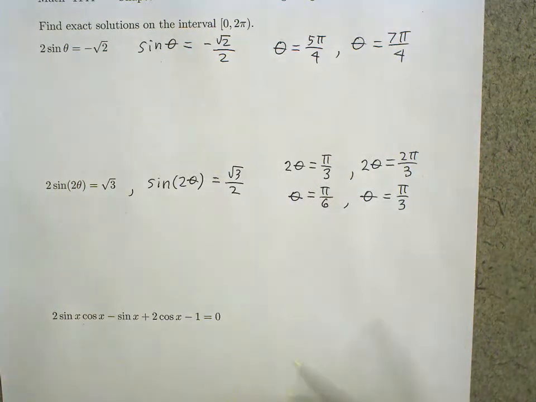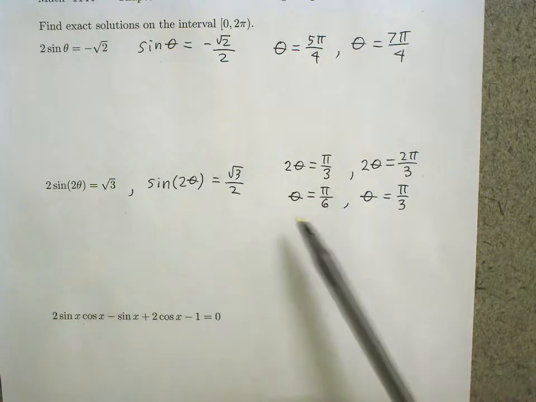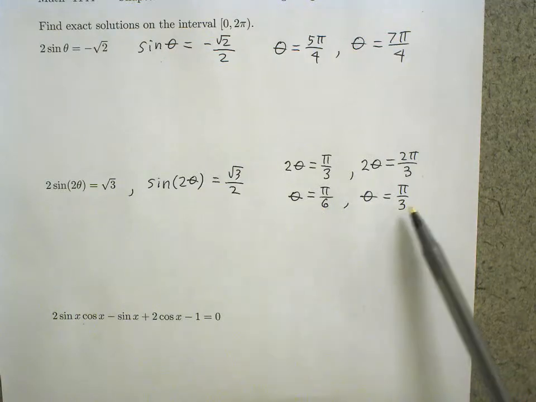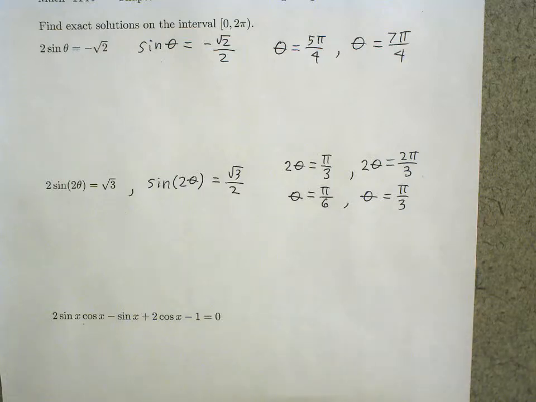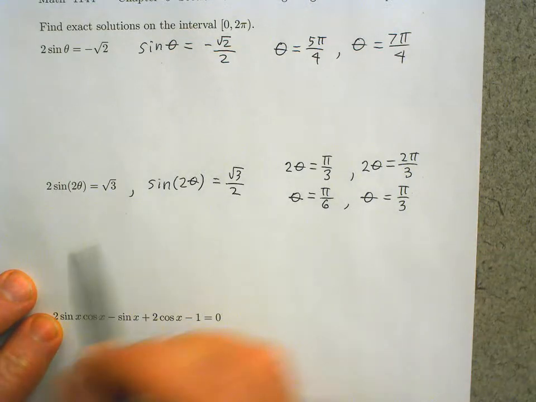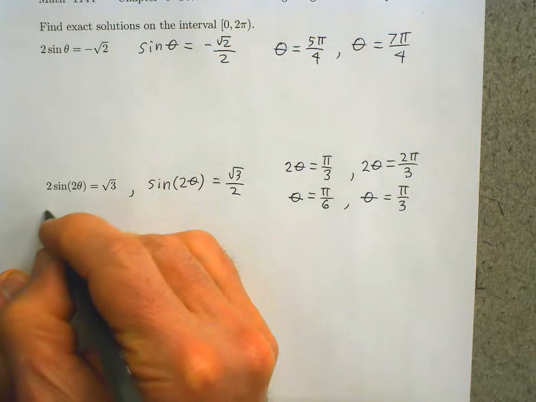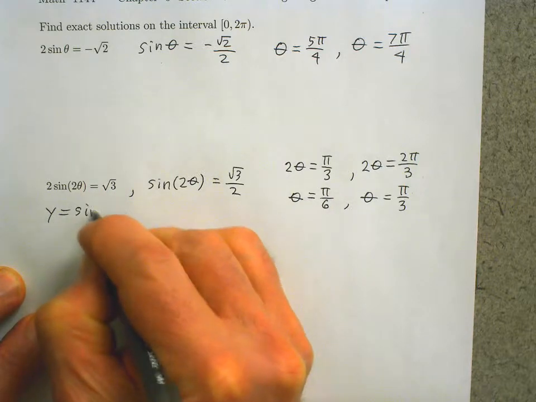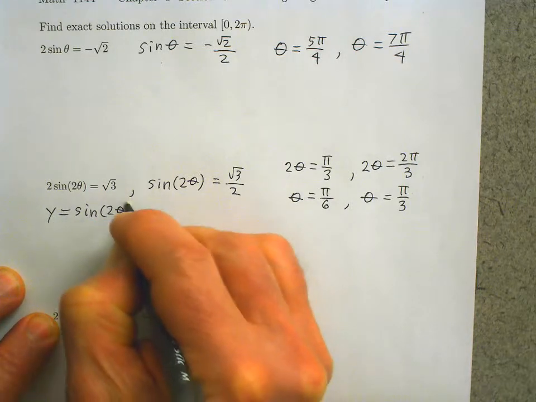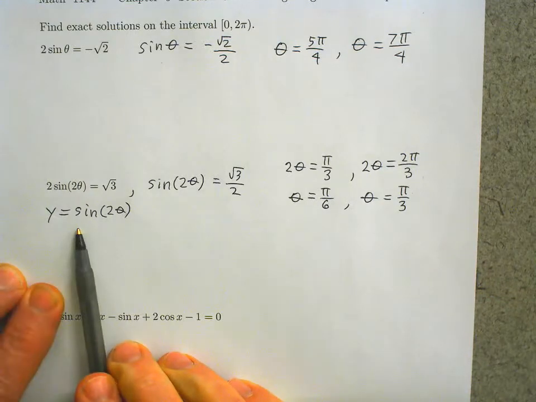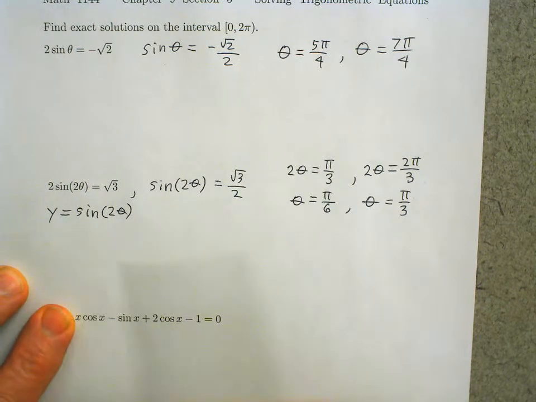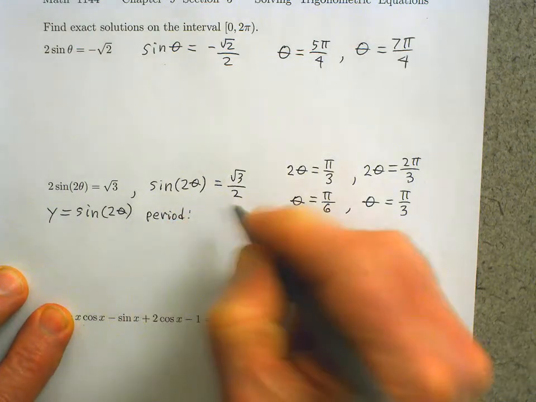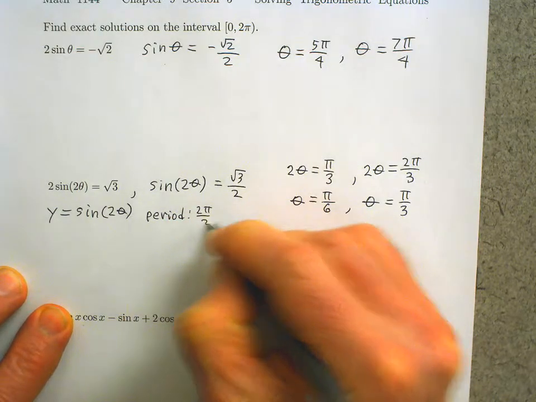Okay, but there are more values between 0 and 2 pi besides pi over 6 and pi over 3. Let's consider the function y equals sine of 2 theta. The period of this function is 2 pi divided by 2, or pi.